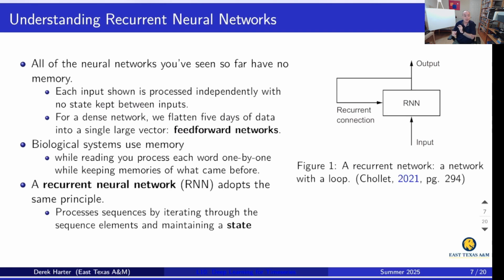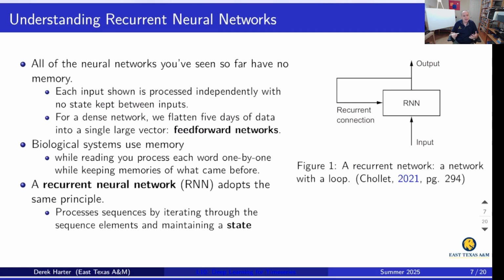At least there's no particular state. In a time series, all the things coming in really are related to each other. There's a causal relationship. So for example, in the previous example that we did, we flattened 5 days of data into a single large vector to bring into our first model, which was a simple feed forward network.